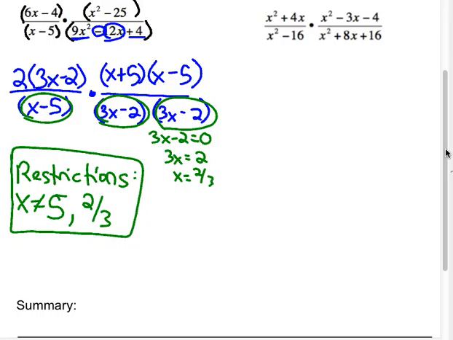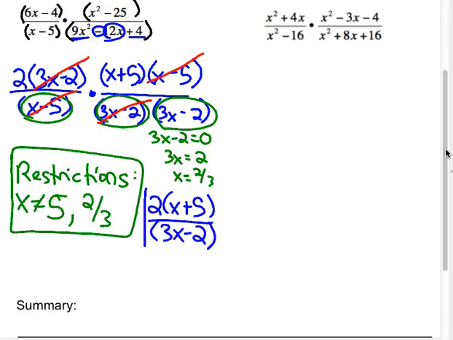And now let's do some cancellations. Okay, the 3x minus 2, 3x minus 2, x minus 5, x minus 5. So what does that leave me with? Well, on top, I have 2 and x plus 5. On the bottom, I have 3x minus 2.